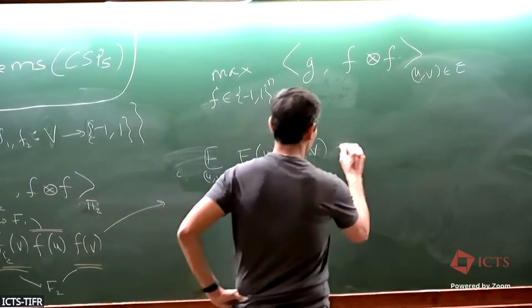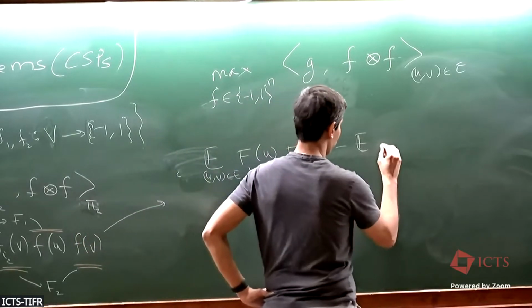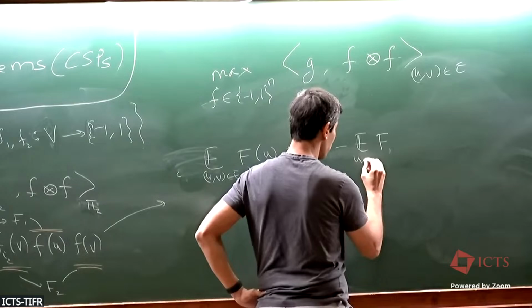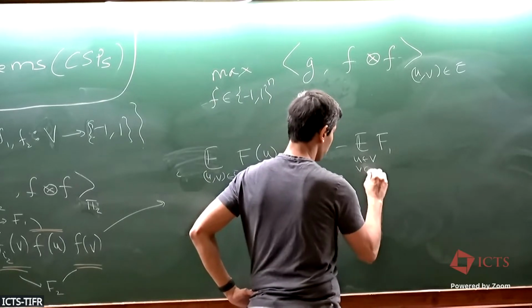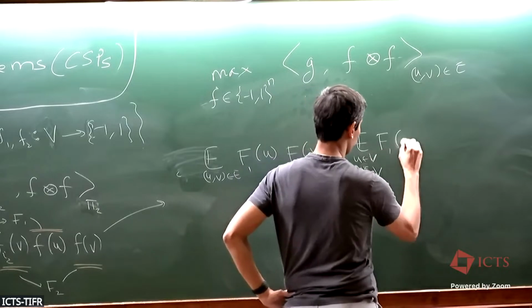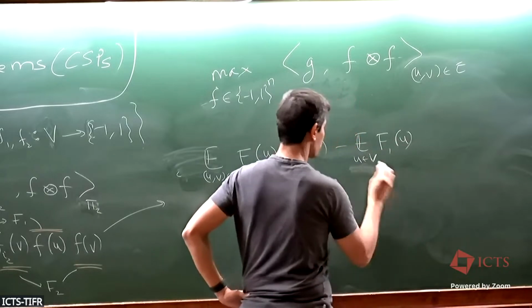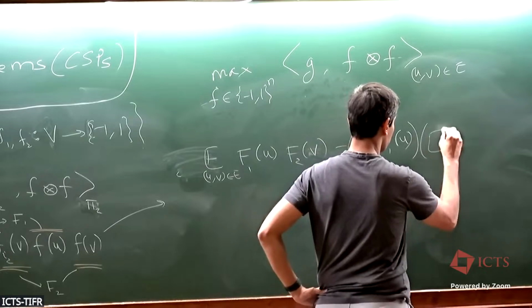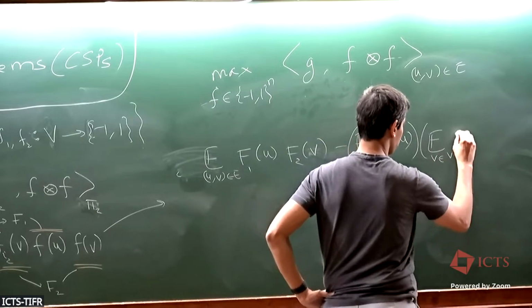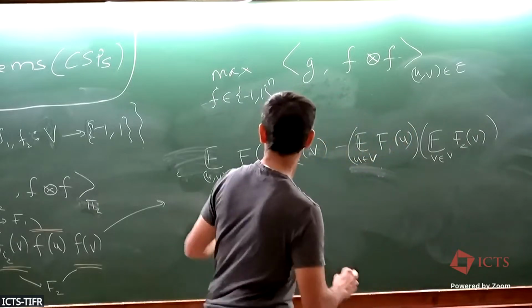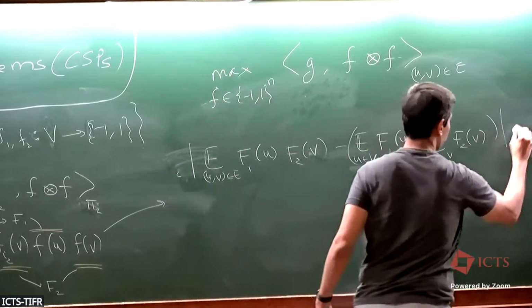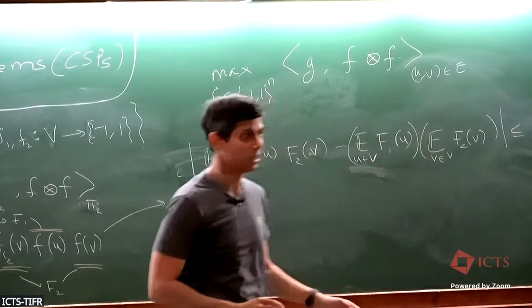So we know that if I sampled u and v independently at random, which is just the product of expectations, then this difference is small by the expander mixing lemma.